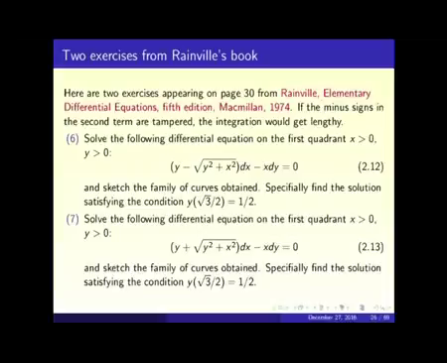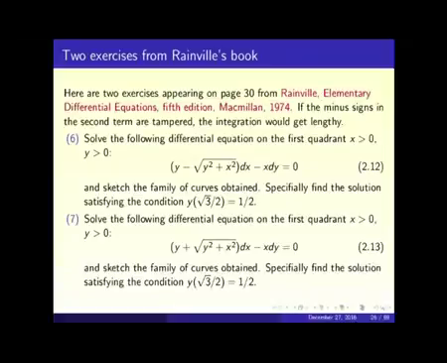Equation 2.12. Rainville gives us slightly different initial conditions. I had taken the initial conditions to be y of root 3 by 2 equals half. Solve the differential equation, sketch the solution curves, and sketch the specific one for which y of root 3 by 2 equals half. Problem 7, I leave it to you to work out yourself.